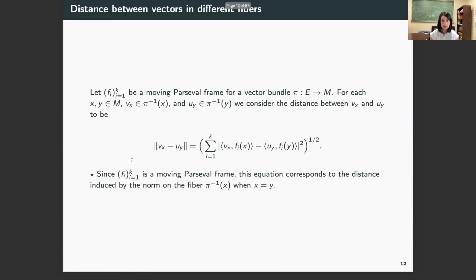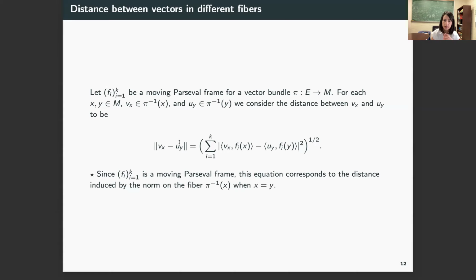To find this distance, we take two vectors, one in the fiber pi inverse of x and another in the fiber over y, for any two points x and y in our manifold. The distance is given by the frame coefficients of v at x with phi of x, subtracted from the frame coefficients of u at y with phi of y.